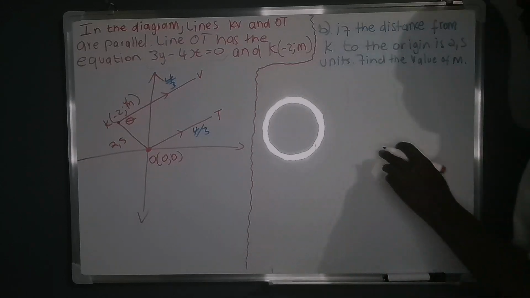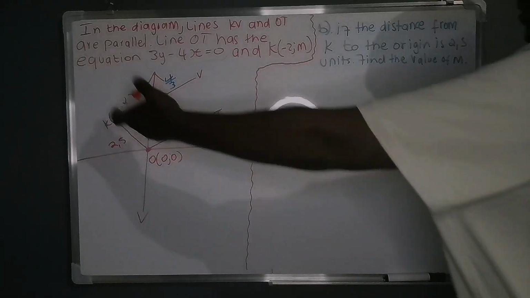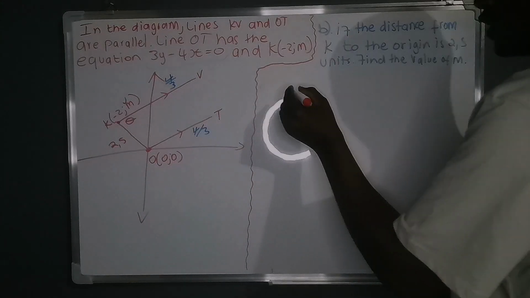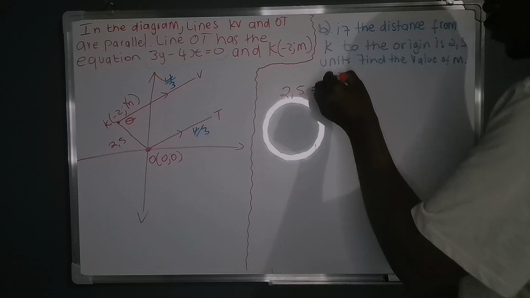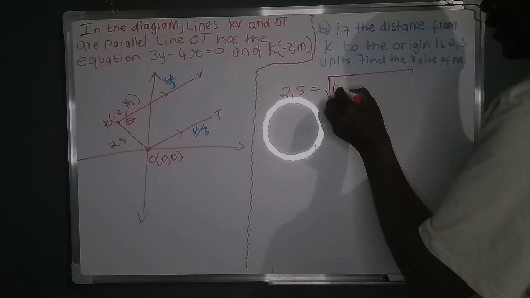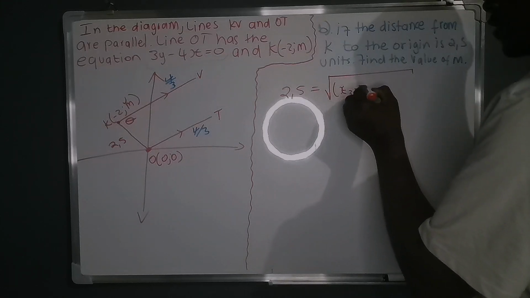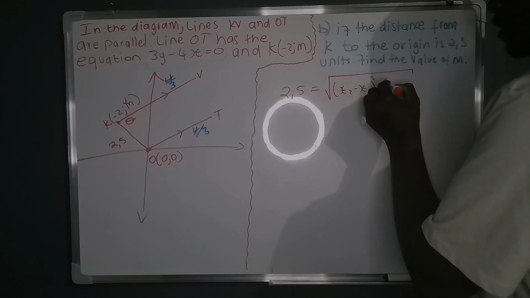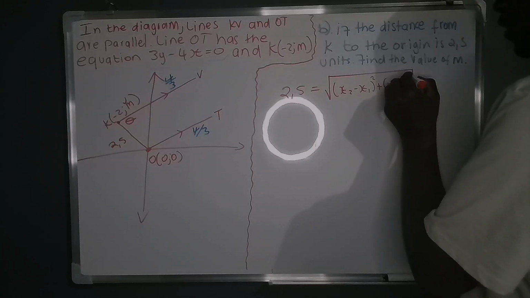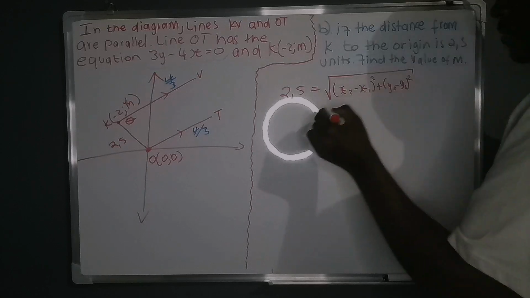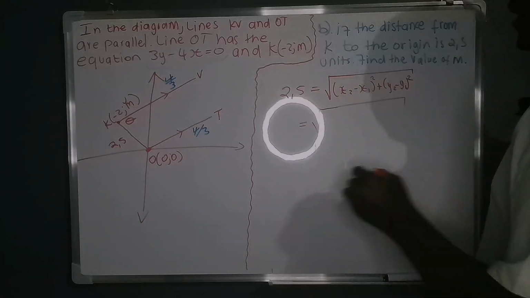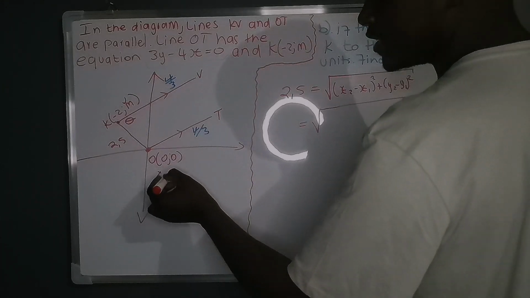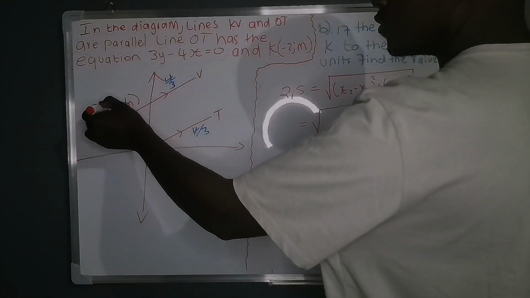Now, the distance formula: we are given the distance between K and O, which is 2,5. That equals the square root of x2 minus x1 squared plus y2 minus y1 squared. You can label your coordinates x1, y1, x2, y2.